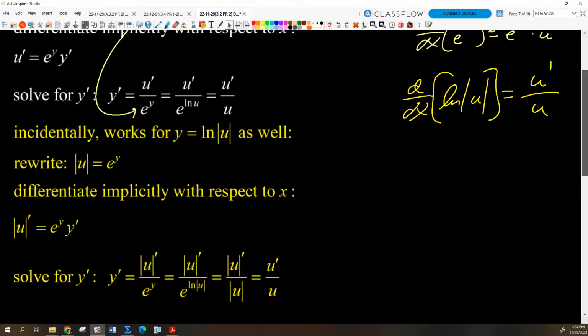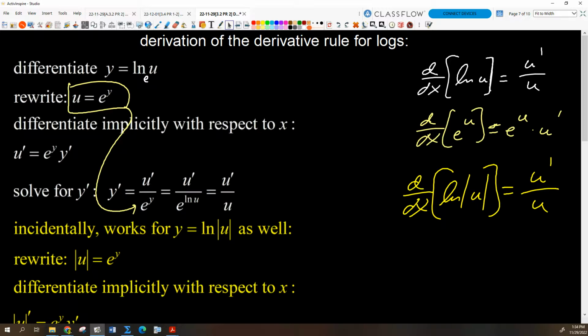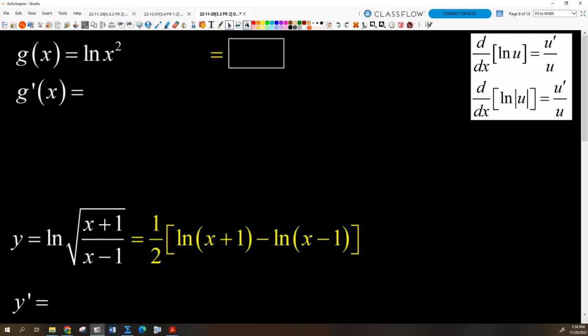Okay, we good? Okay, let's try this. Let's practice this a little bit then. So what about something like that? If g of x is the natural log of x squared, then what's g prime of x?